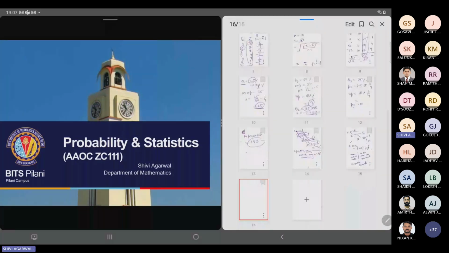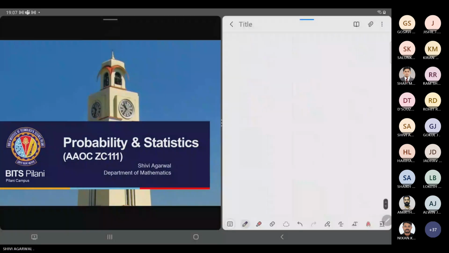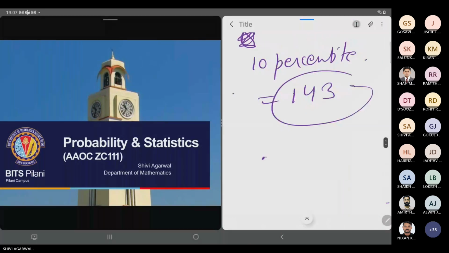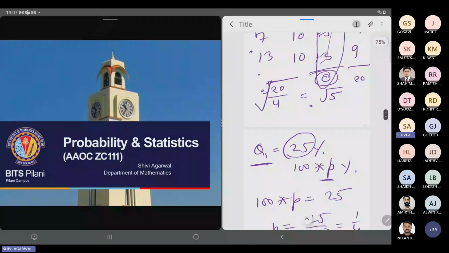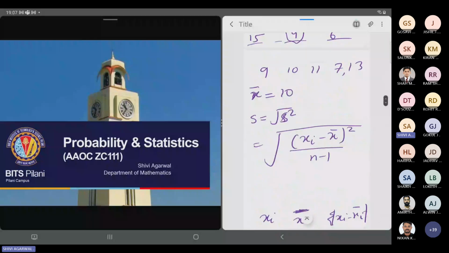So if you want to mention here the formula for the standard deviation, I will show you. I think in the last class, yes. This is the formula for the standard deviation.